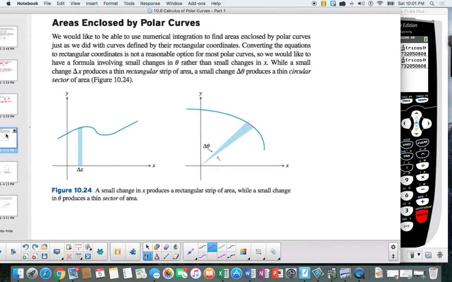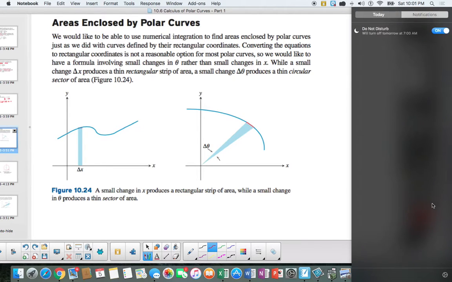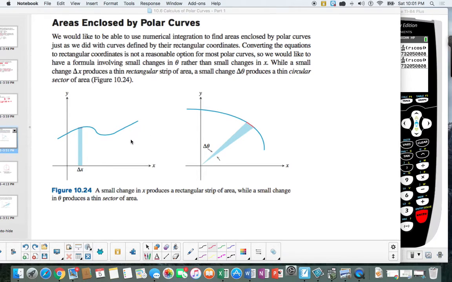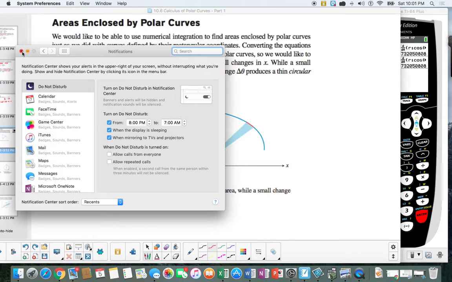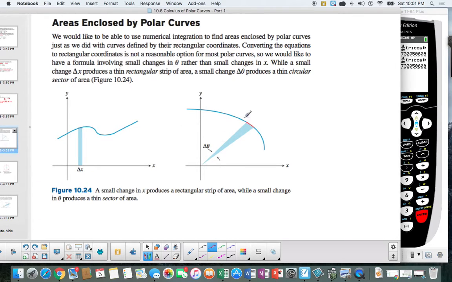All right, let's talk about areas enclosed by polar curves. Normally what we do is we just find the area between the curve and the x-axis. Now we're going to be looking at it as a sector.